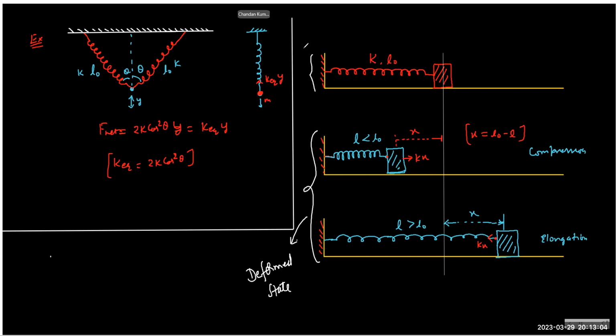And this is called the deformed state, or you can say un-deformed. So my question to you is, whenever a spring goes from undeformed to deformed state, what do you think? Will it do positive work or negative work? Negative. All right. So I hope you are understanding this fact. It is going to do negative work, and therefore the work done by spring is negative.